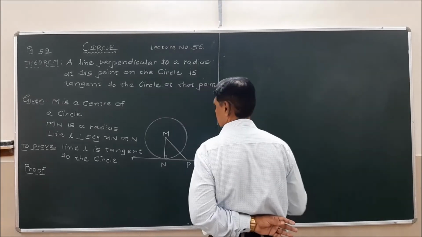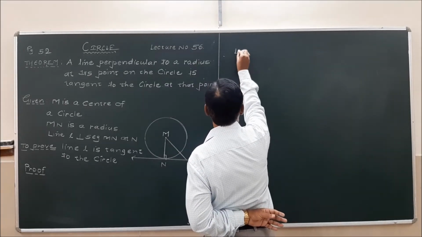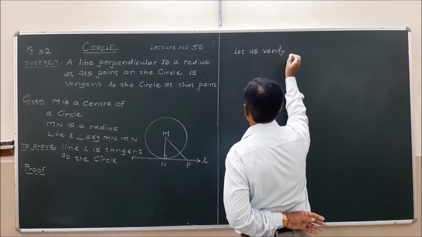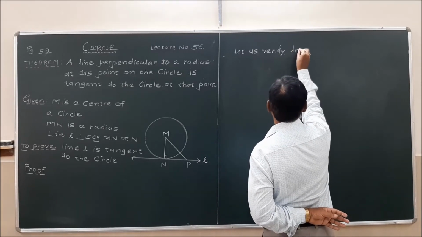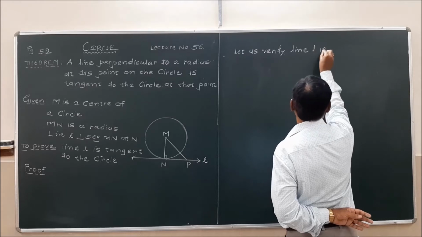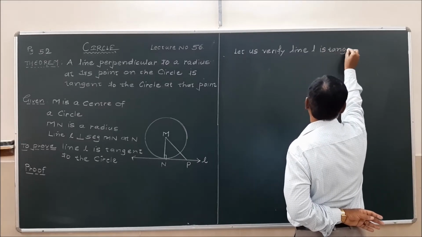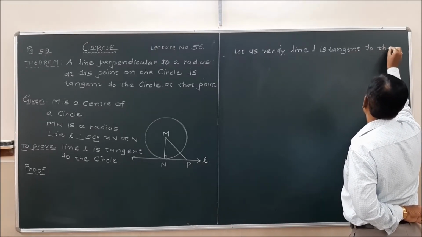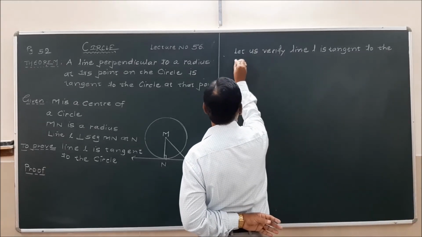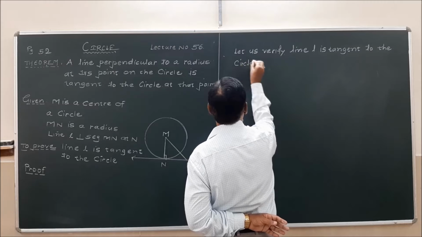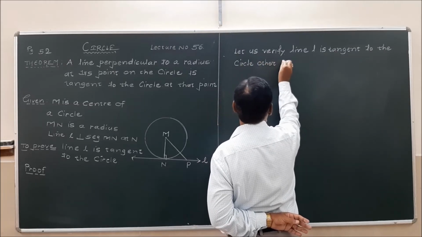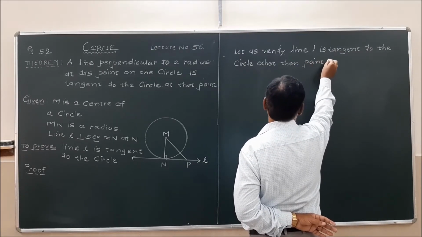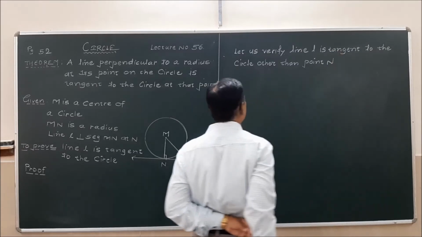So let us verify whether line L is tangent to the circle at any point other than N. What is our claim?